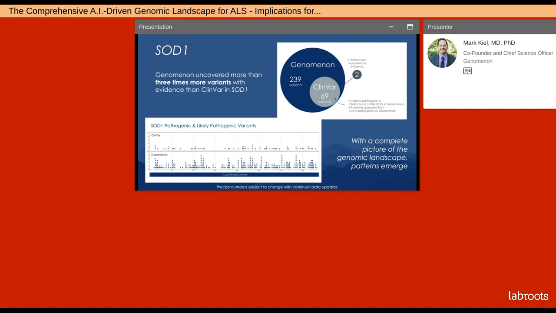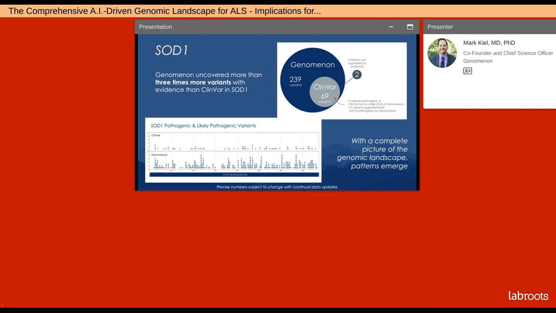And when you look at the blue crescent and the gray moon at the right, you can see how the data that Genomenon has produced in the ALS dataset is actually a superset of those ClinVar variants, and in many cases can reconcile discrepancies or conflicts based on ClinVar user submissions.